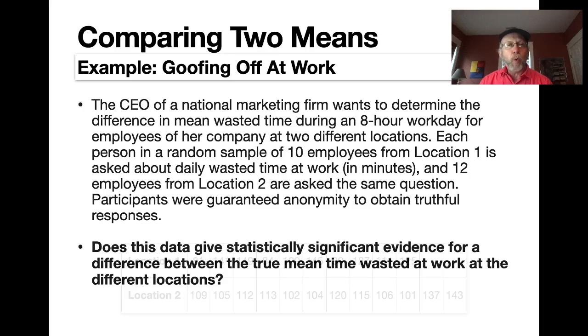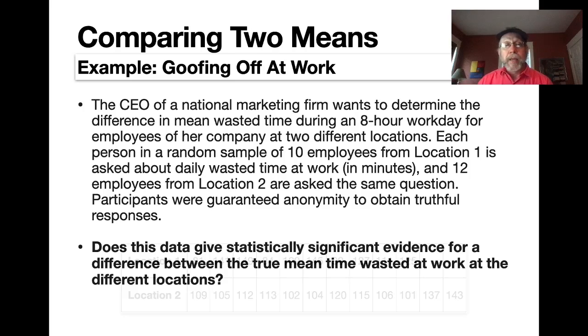Do the folks at one of these locations waste time more or less, or maybe the same, as the folks at the other location on average? So it is a question about means here.